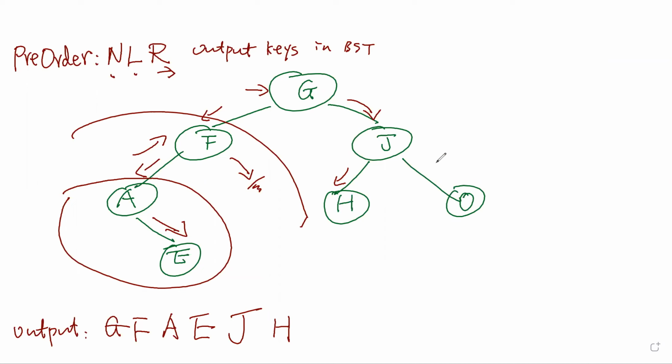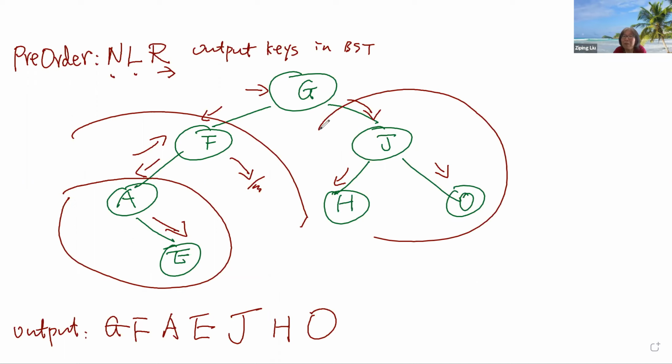Back to J and traverse to the right. Right. Yeah. And then this whole right subtree is also done. So node, left, and right, this is also done. Okay, so this is called pre-order.